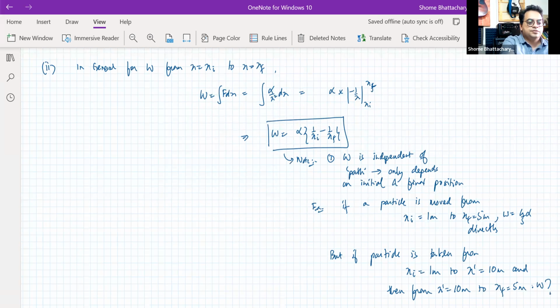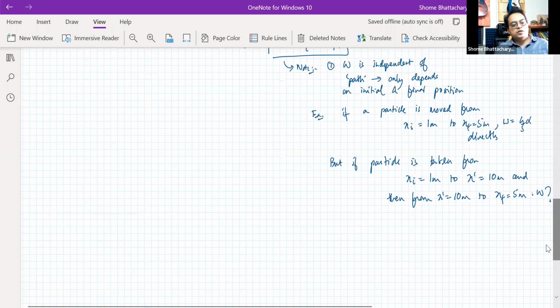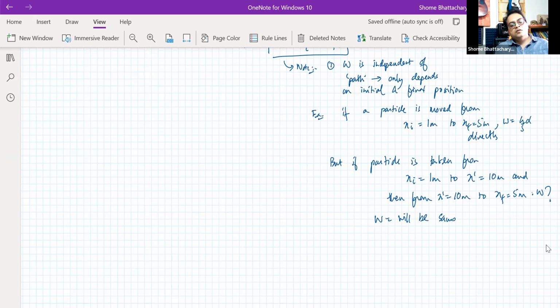It will be the same. Work done will be the same as directly from 1 to 5.